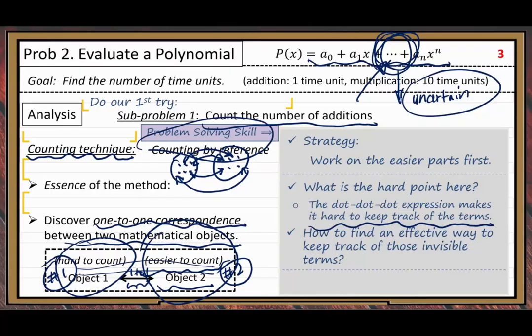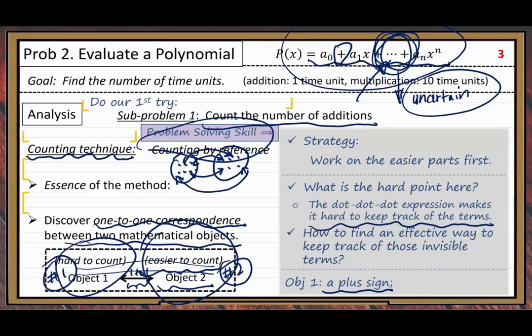Now let's apply this method to our current problem. Let's count the number of additions. Object 1 is a plus sign. We treat a plus sign as a mathematical object.